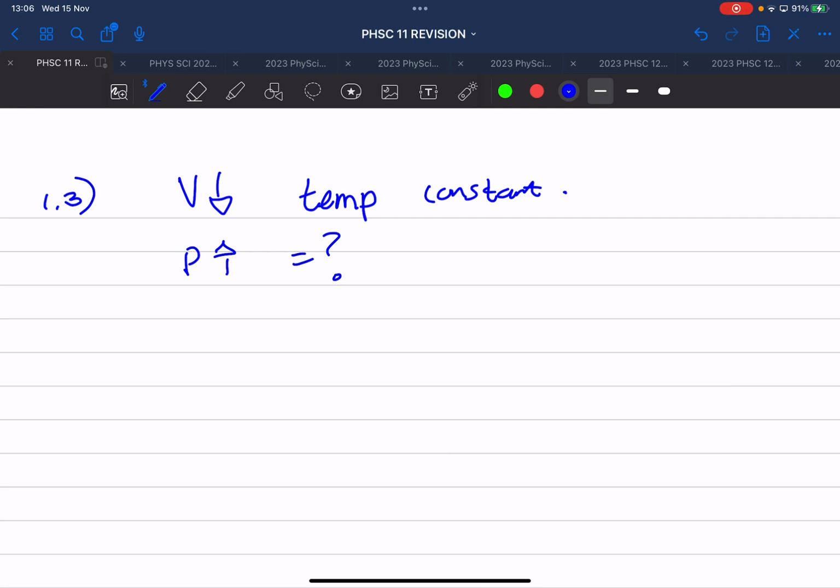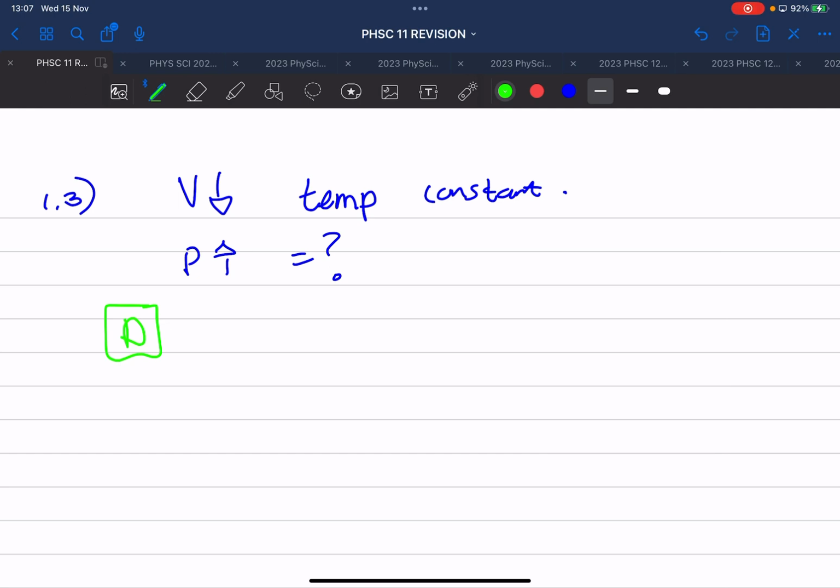Okay, so what happens when you decrease the volume? The particles are closer together. So they are going to collide more with each other. And when there are more collisions, there is more pressure. So the answer is D. Why not A? The gas particles move faster because they collide more?